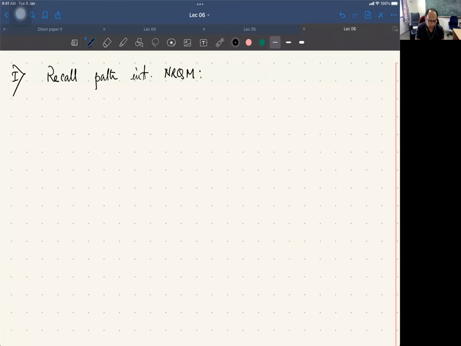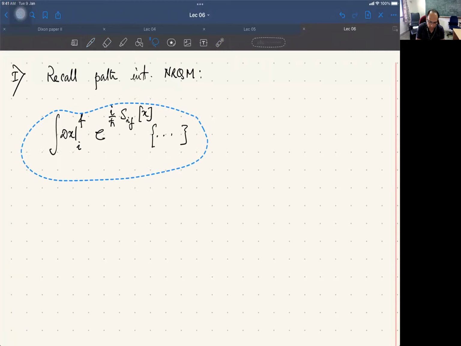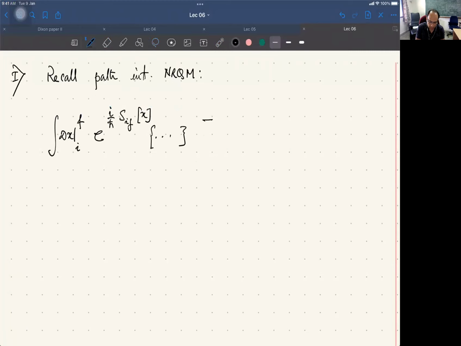What we had there is the path integral dx_i to f e to the power i by h bar S, with a bunch of insertions, that is equal to the matrix element between f and i of the time ordered product of those operator versions of the insertions.